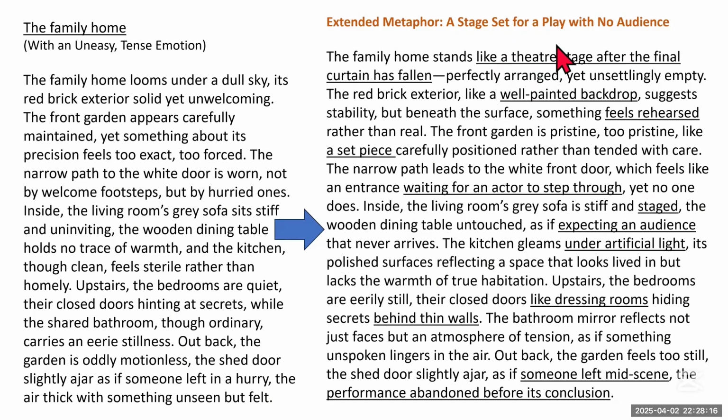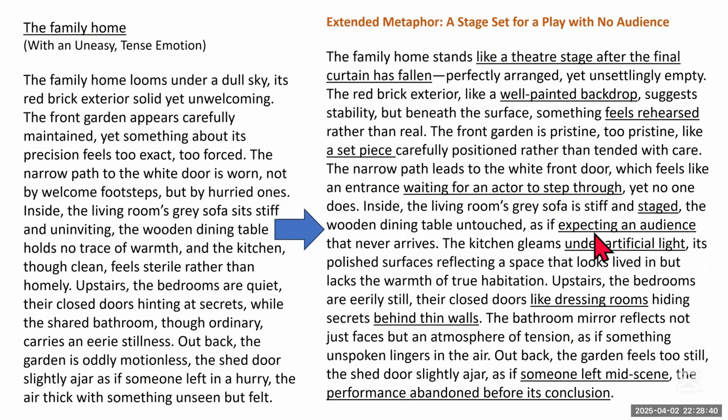Here you have a theater stage, backdrop, rehearsed, a set piece, actor, staged, audience. So that's like spotlight, dressing rooms, thin walls, a scene, performance. Again, it's a huge improvement.